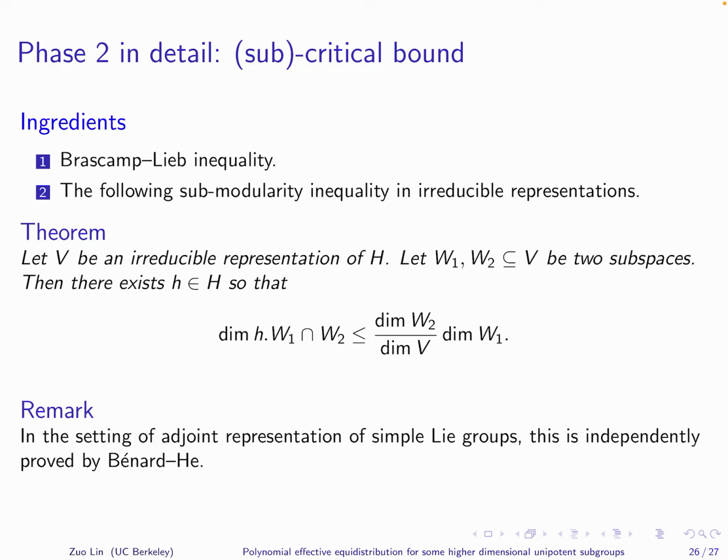And the version I use says that on average this thing holds, and there is a Zariski open dense subset for that to hold, but it does not depend on W2. It purely depends on W1. And that is the thing that I use as an input to the Brascamp-Lieb inequality, and Brascamp-Lieb gives us a bound for entropy.